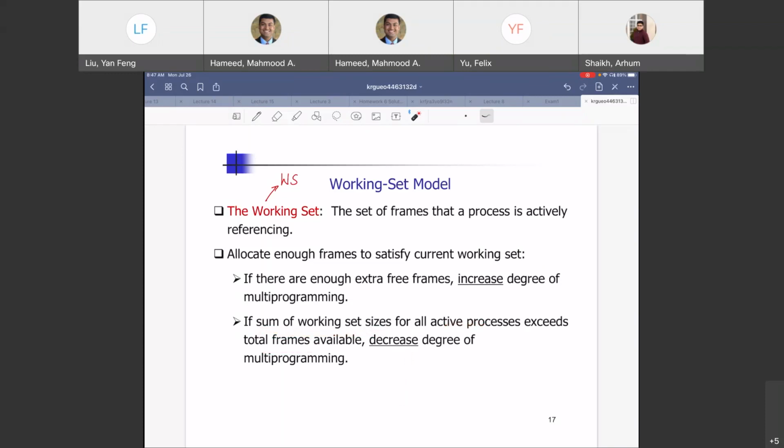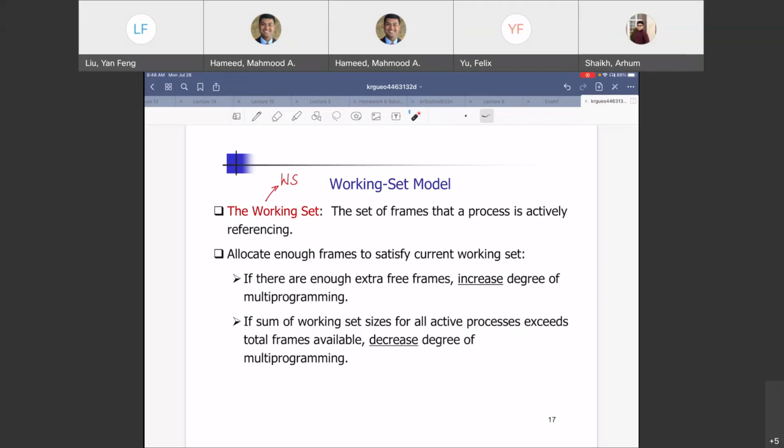Here we are keeping track of the degree of multiprogramming. How many active processes do you currently have working, while satisfying the working set size of each one, right? So you look at the working set size of process 1, 4 frames done there. Okay, I have 96 available to me. How do I allocate 96?